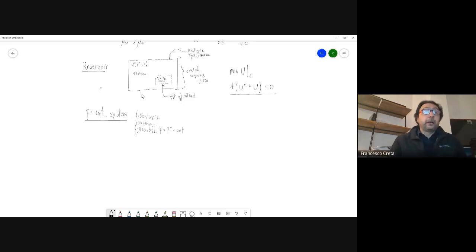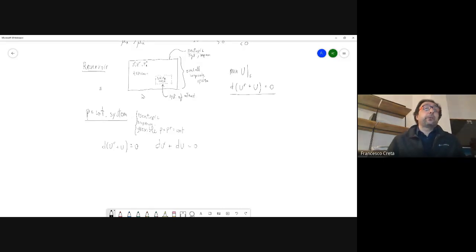So again, I will have to essentially express this condition here, and the way I do this is I will express U^R somehow. This is essentially dU^R plus dU equals 0.